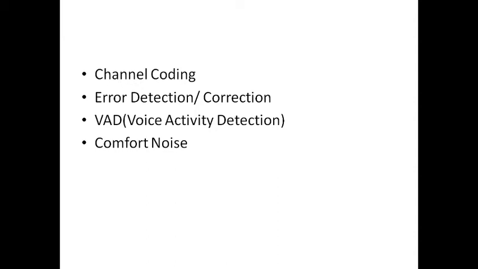So this channel coding uses forward error correction, which is used for redundancy and allowing detection and correction of selected errors.